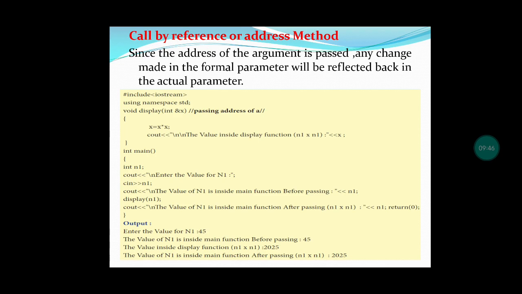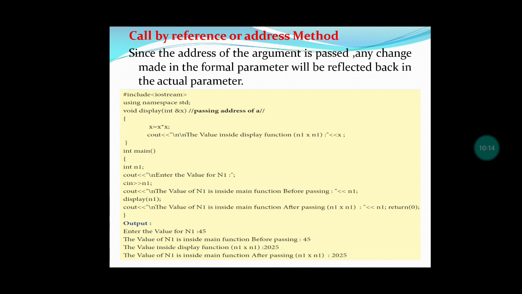Here we are changing the x value into 2025. That is, we have given n1 as 45. That 45 into 45 we got 2025. Finally, we are printing n1 in the main program. 2025 will be printed, not 45, because any change made in the formal parameter has been reflected back to the actual parameter.